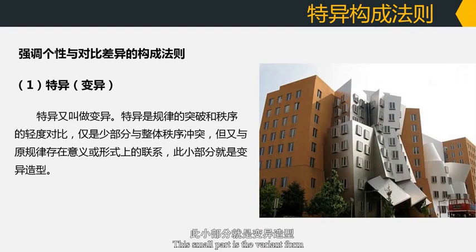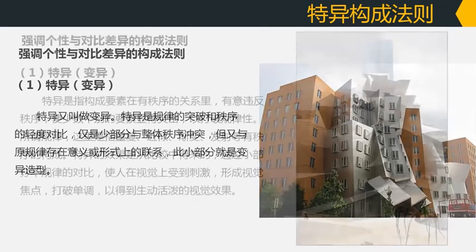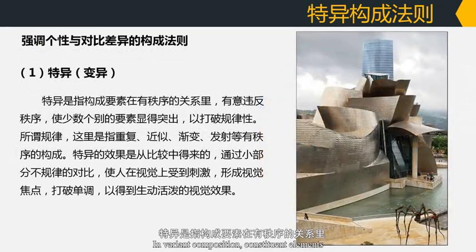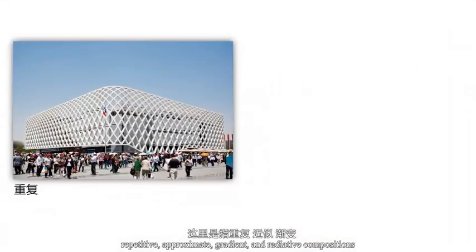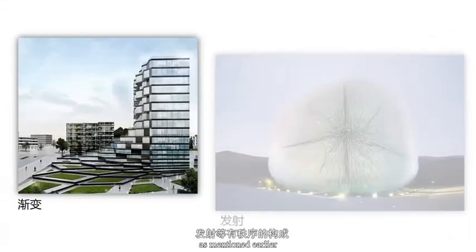This small part is the variant form. In variant composition, constituent elements intentionally violate the established order and highlight a few individual elements to break the regularity. The regularity encompasses the repetitive, approximate, gradient, and radiative compositions as mentioned earlier.